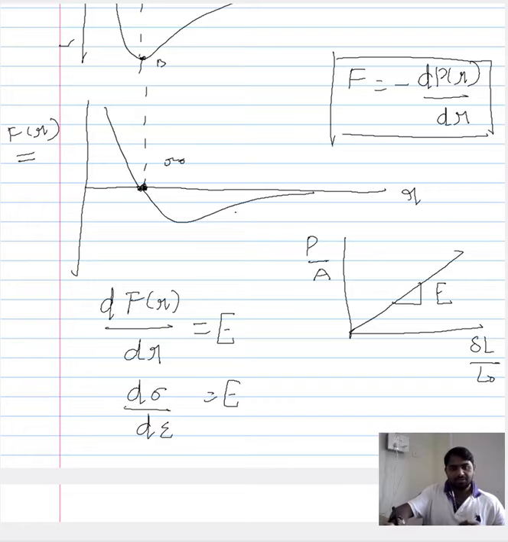So this curve here, the force experienced by the atom with respect to the distance between the atoms, the first derivative of the curve is nothing but the Young's modulus.